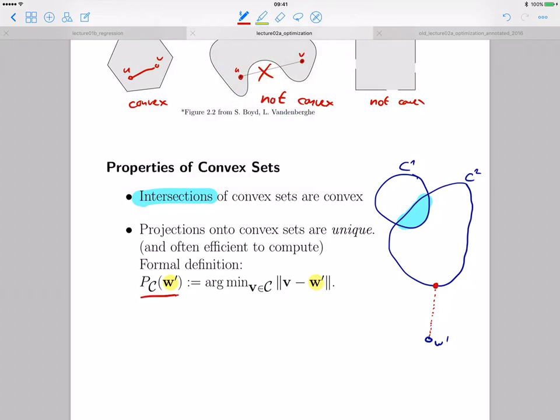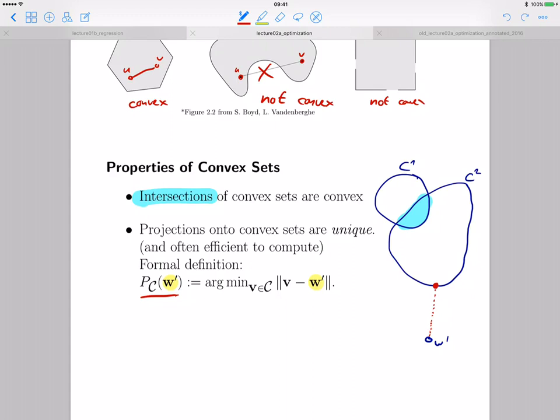The point in the set which is closest in the distance, in this norm. The nice thing about this, if the set is convex, is that there is only one such point. It's not that there is another one which is also closest, right? There's just one closest point.